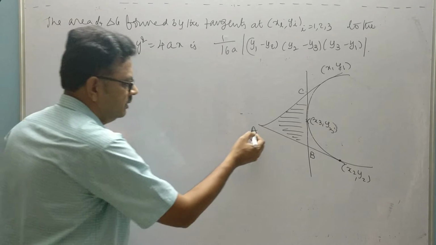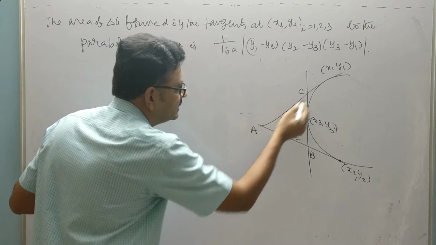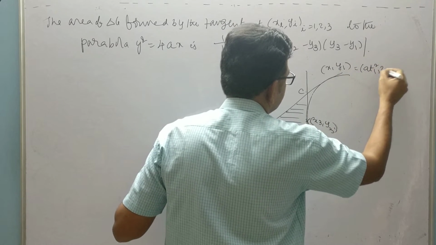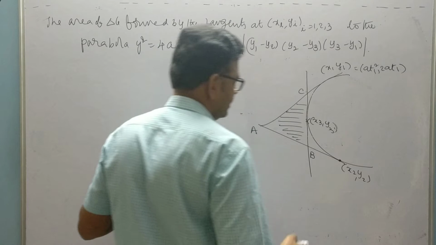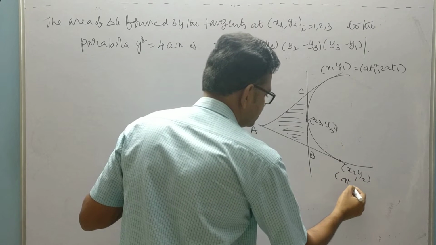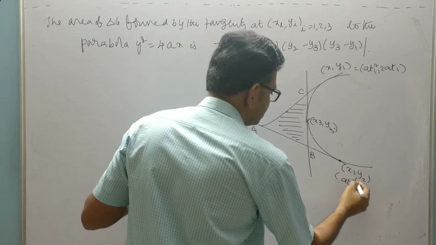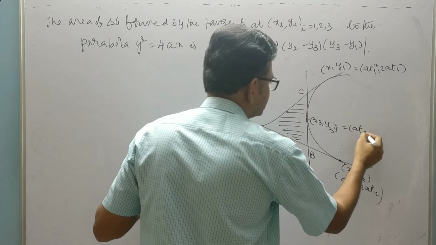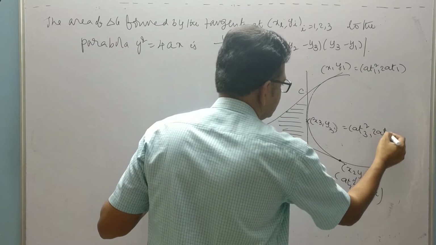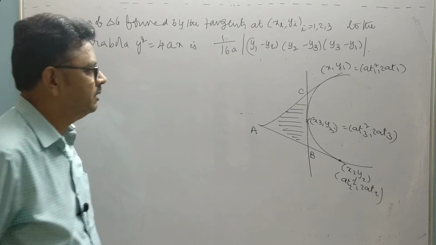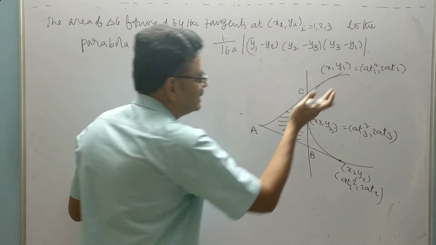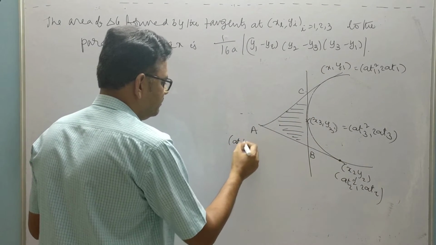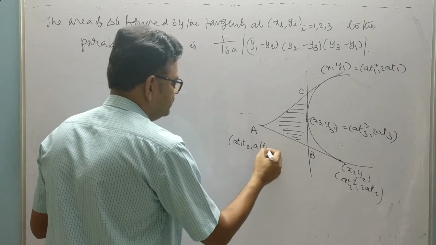You know the point of intersection of tangents at T1. So these coordinates are a T1 square comma 2a T1, and the coordinates are a T2 square comma 2a T2, and the coordinates are a T3 square comma 2a T3. Now the point of intersection of tangents at T1 and T2 is the point a T1 T2 comma a into T1 plus T2.